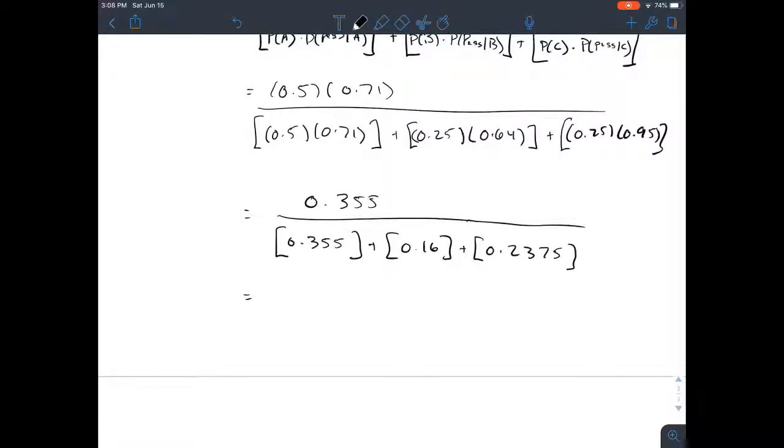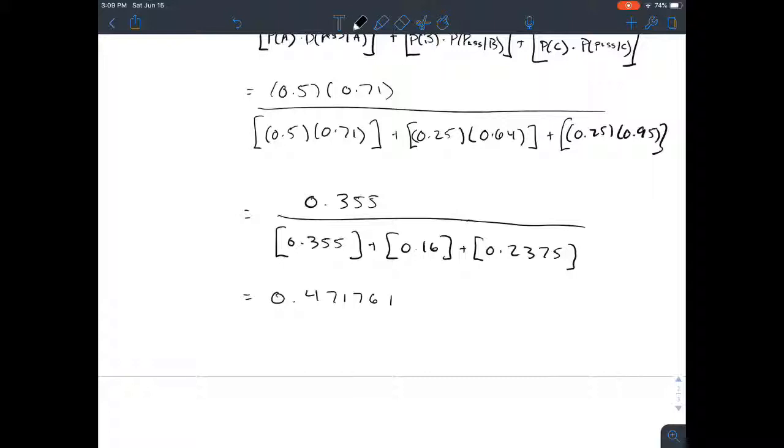And so we can compute this, and if we do this correctly, we will get 0.471761.